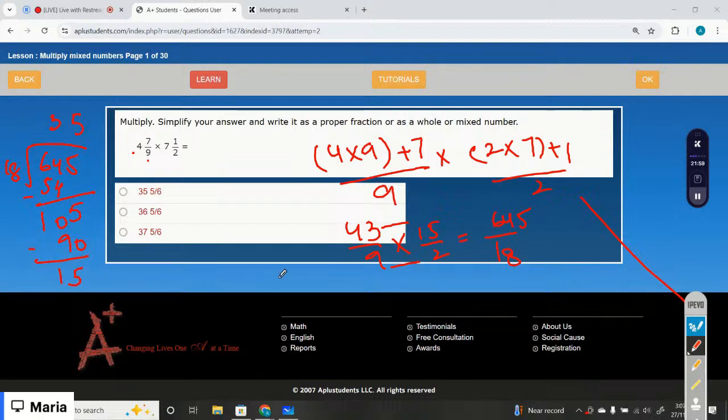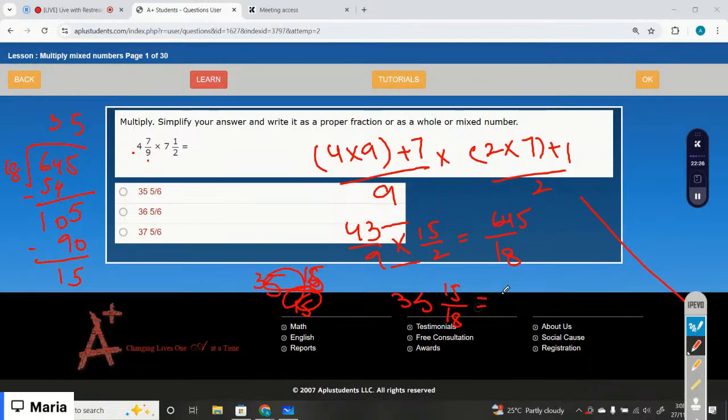So the answer is 35 whole 15 over 18. You can divide them by 3.